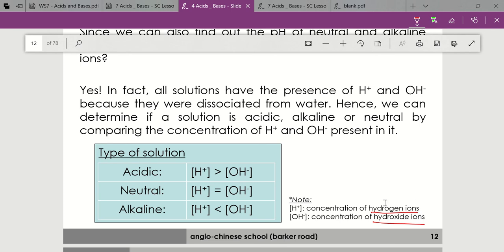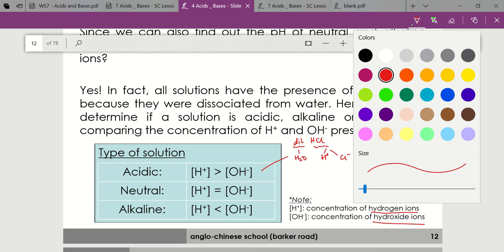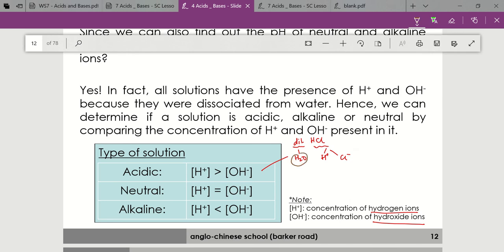Okay, perhaps let's take the example of hydrochloric acid. So dilute hydrochloric acid, it would have water present. It would also have hydrogen ion and chloride ion present. This water, the water over here, is allowed to dissociate into hydrogen ions and hydroxide ions.